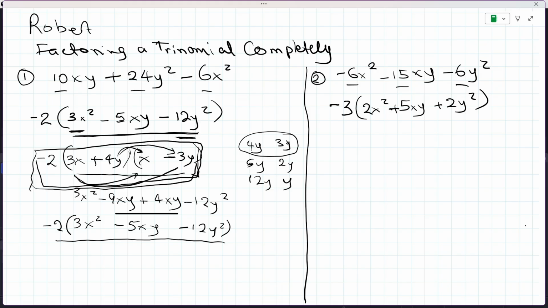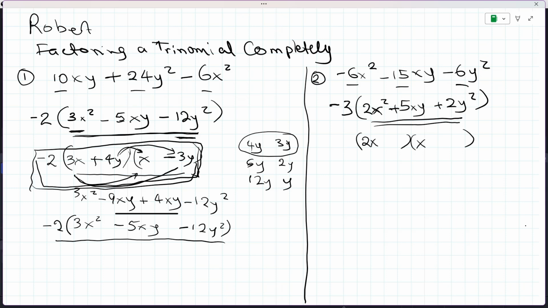Again, we now try to break this down into two factors. We need to factor this expression here, and we'll have two pairs of parentheses drawn out. Here we have 2x squared, so the two factors which, when multiplied together, give us 2x squared will be 2x and x.